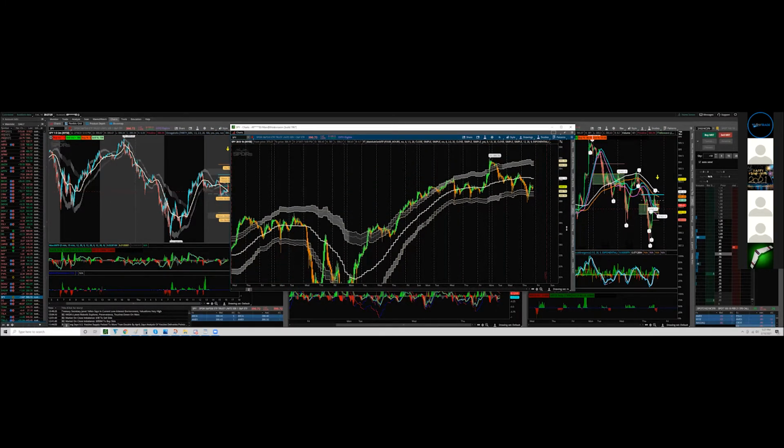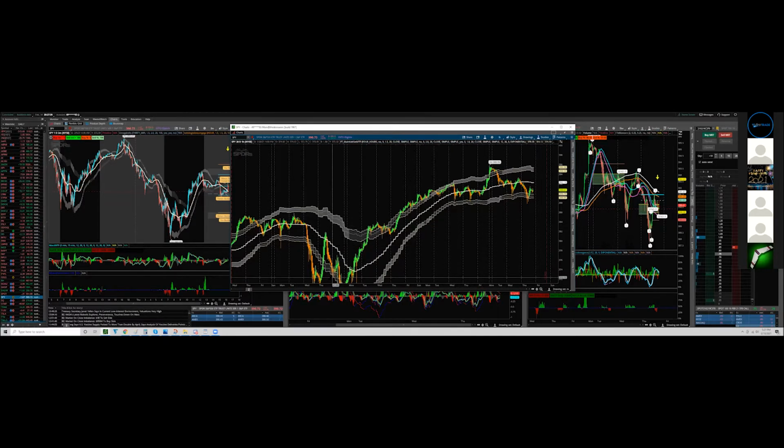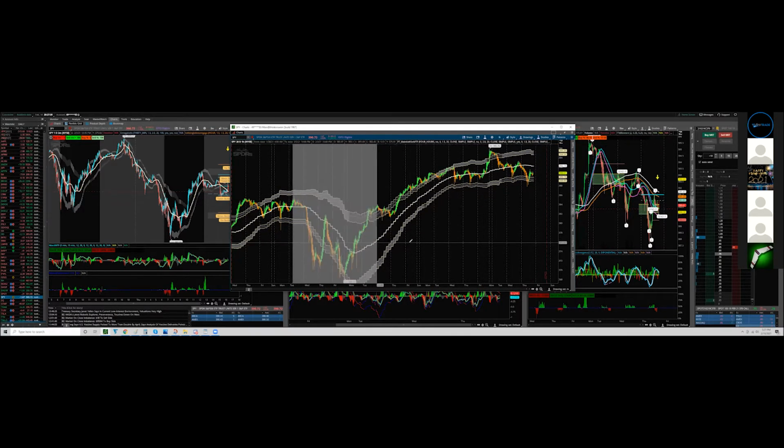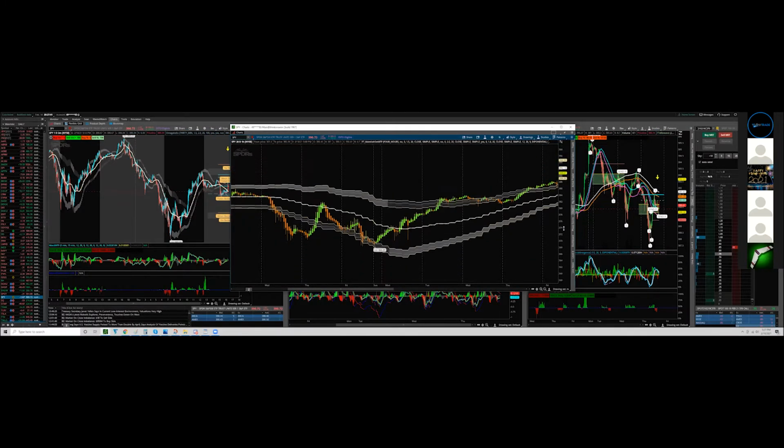When price falls out, that looks like one right there, and then makes its way back in. This is not a very good example of it, but when price is outside, it's going to come back in, and then it's going to come test the Kelt again to continue up.